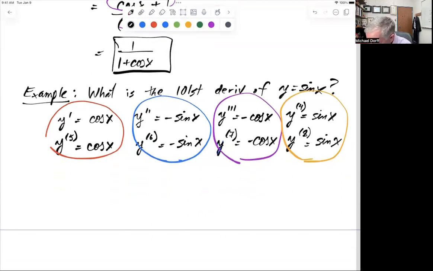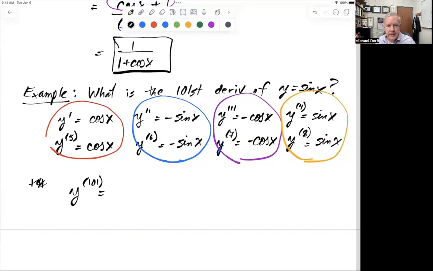So there's a pattern here, and it repeats itself every 4 derivatives. So when I do the 101st derivative, what do I get? Let me write it this way. The 101st derivative is going to be the same thing if I just keep reducing it by 4.